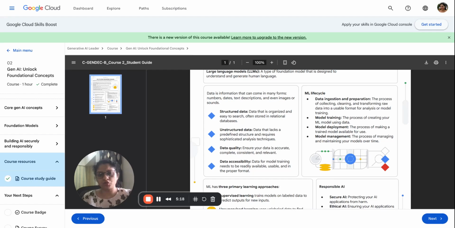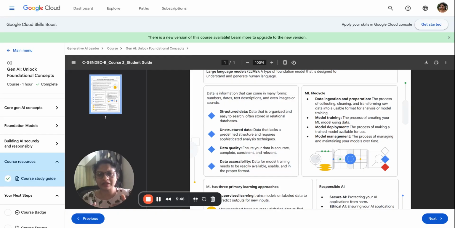In that, we ensure that data is accurate, complete, and consistent, and most importantly, that data is relevant. And then data accessibility is very important, because whenever we need to train our model, we need data for that, and having accessible data is very important. So this is all we have discussed in this chapter. You just need to remember this pointer.